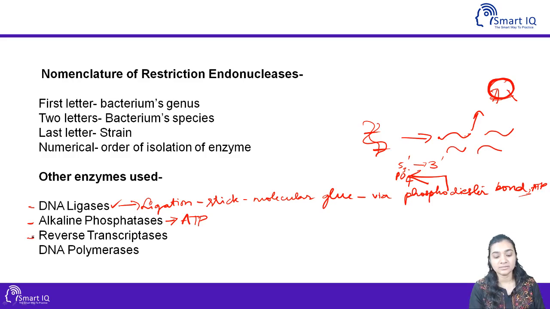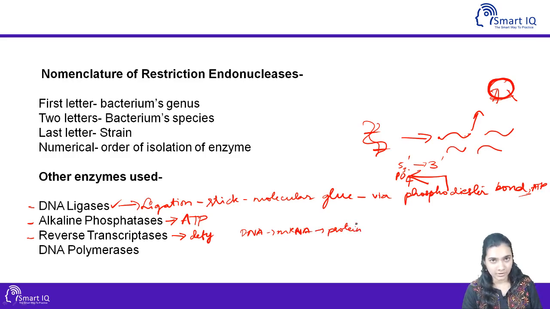Next is reverse transcriptases. Now reverse transcriptases are not compulsorily used everywhere. It is only in case of viruses, basically retroviruses. So reverse transcriptases defy the central dogma of biology, which is DNA to mRNA, mRNA to protein. Now we all know this is the central dogma of molecular biology, but in case of reverse transcriptases, RNA is the main template.